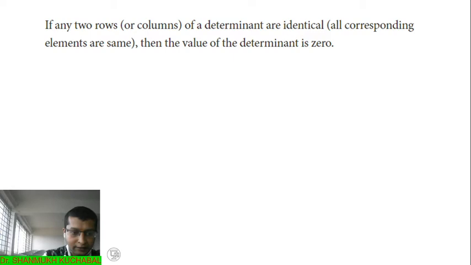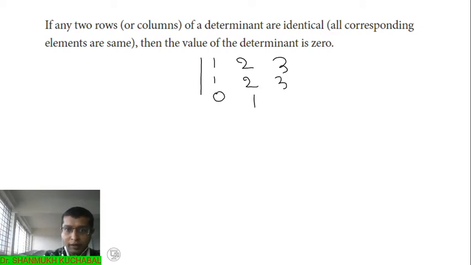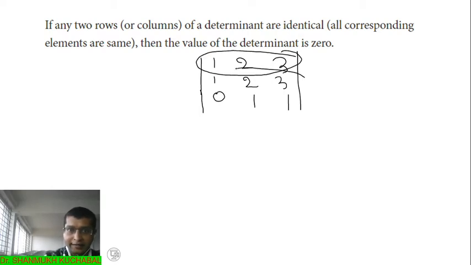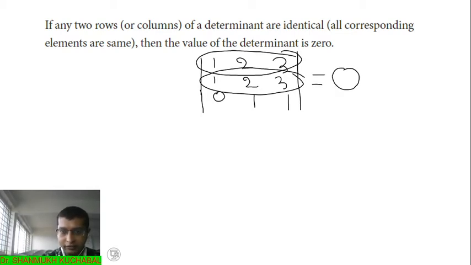Suppose that we take an example. So this is one determinant here, 1 2 3, 1 2 3, 0 1 1. Here we observe that the first row and the second row are identical, so the value of the determinant is 0.